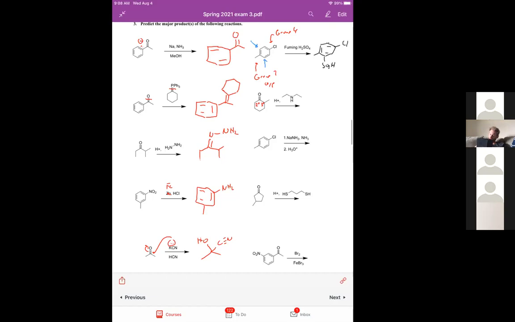So we'd originally form this imine here, and then we're going to deprotonate our left substituted position in order to generate our enamine. Like so.